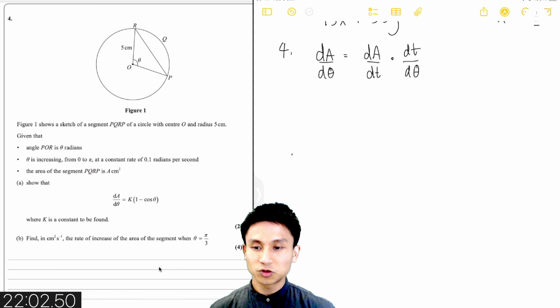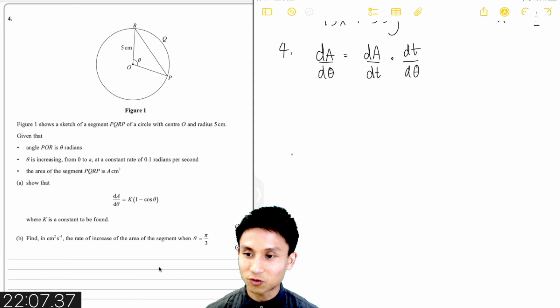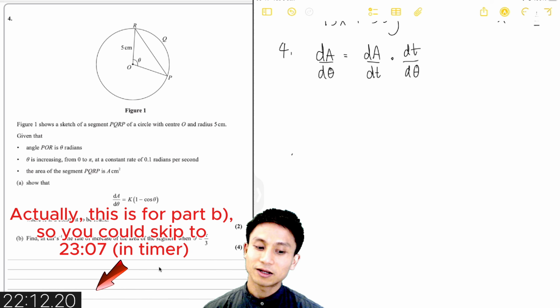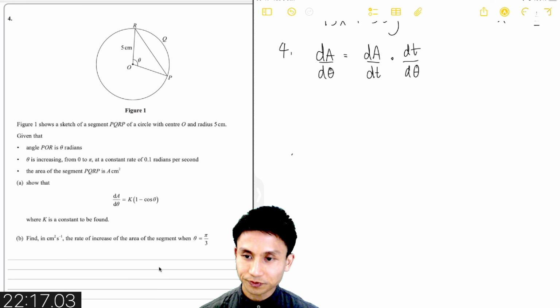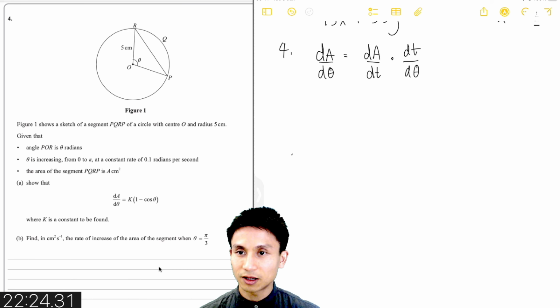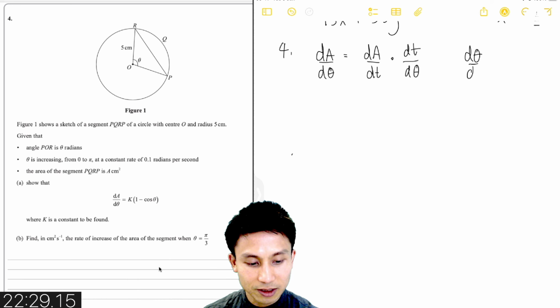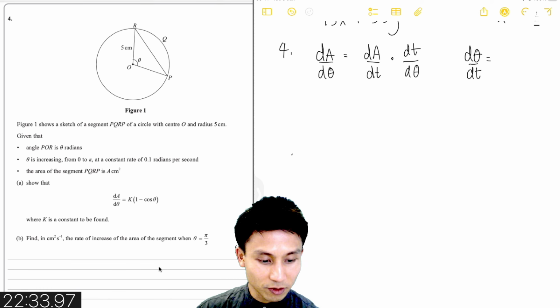Now, your job is just to find dA by dt, what would be the rate of area increase here, and dt by d theta. Is it given, right? In this case, we are given that d theta by dt is equal to 0.1 radian per second.